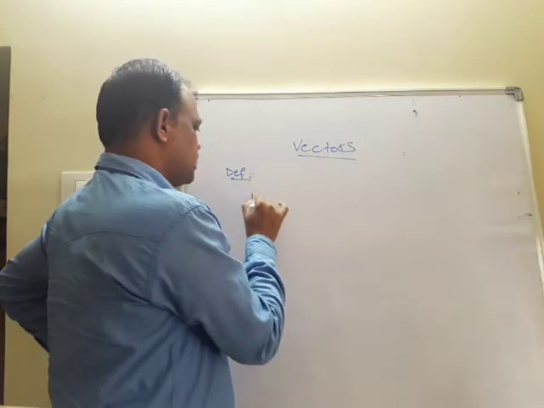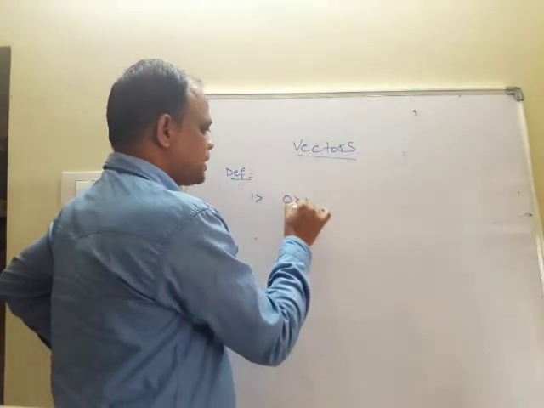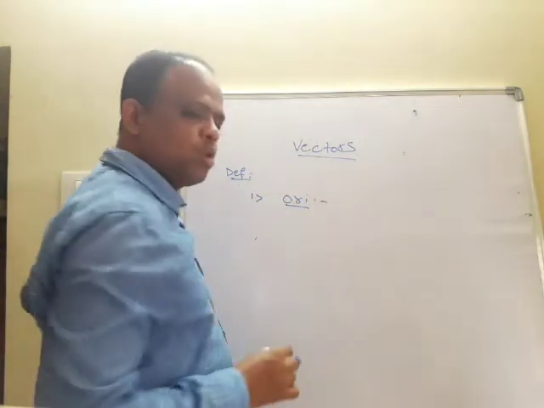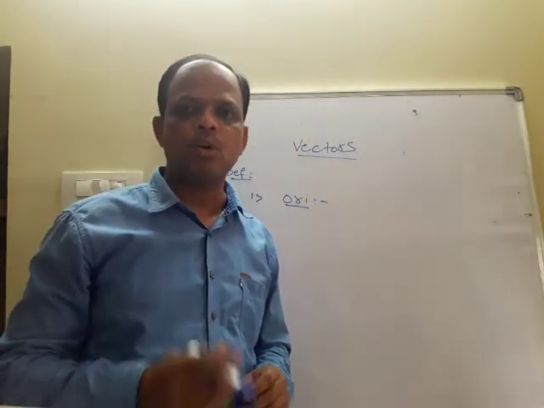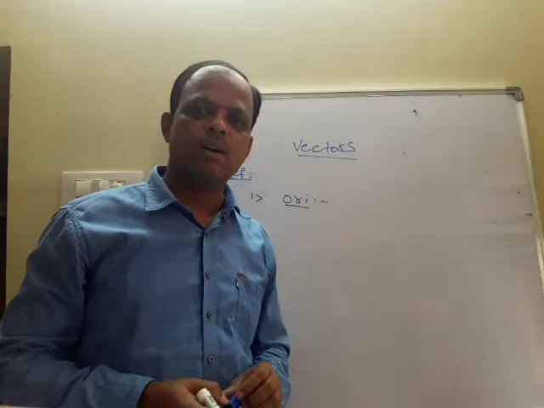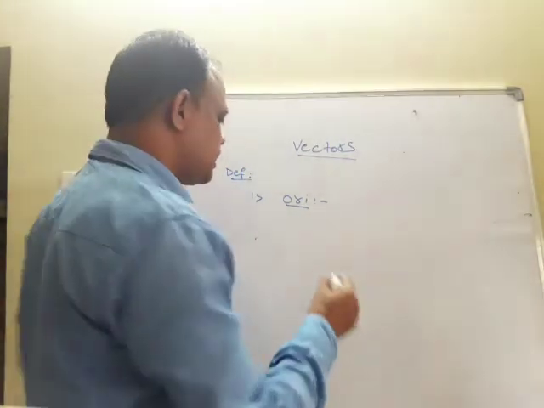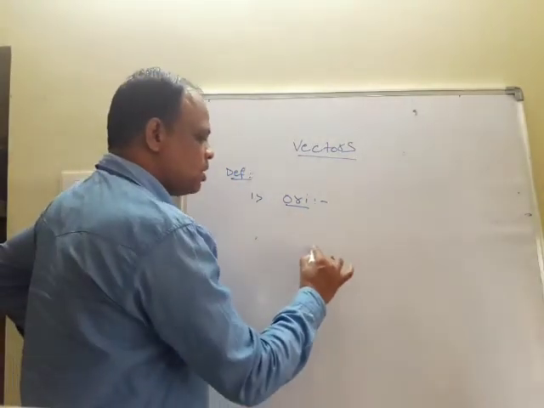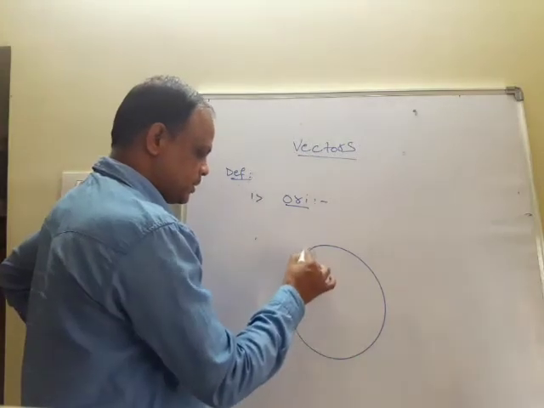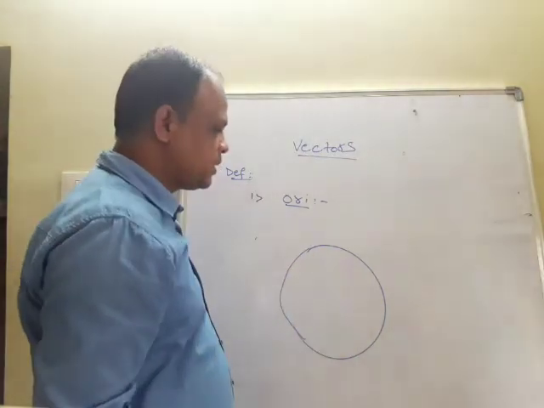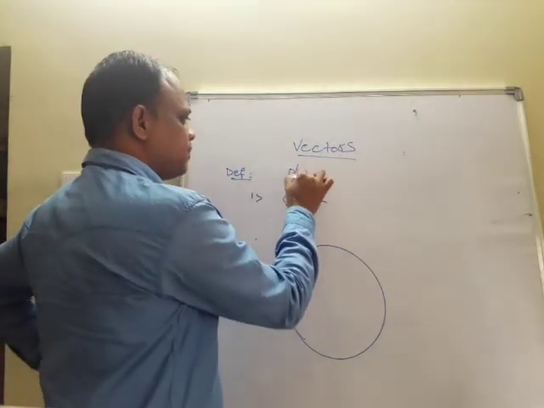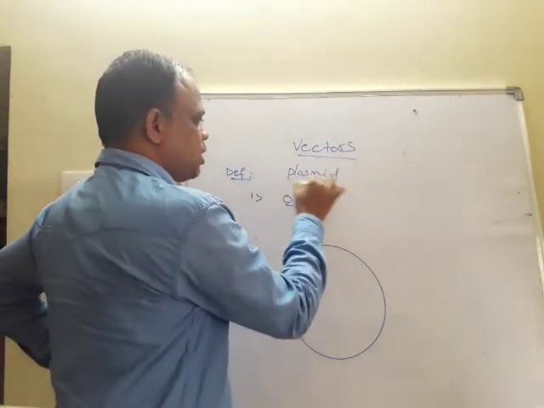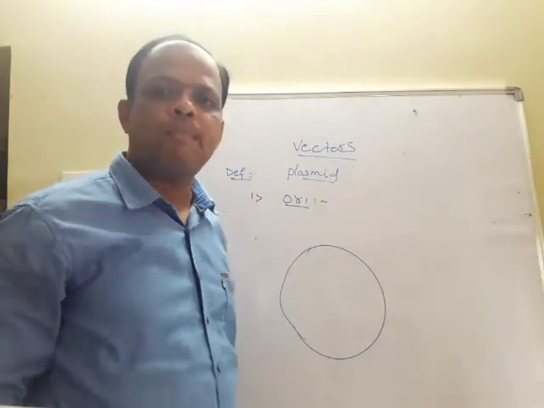So the first one is the ORI site. ORI site means origin of replication, and it is compulsory for all vectors. Mainly, an example of these vectors that we use is the plasmid.